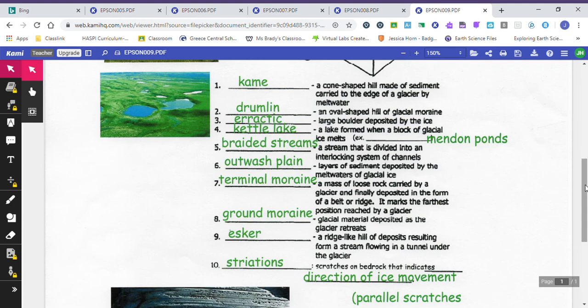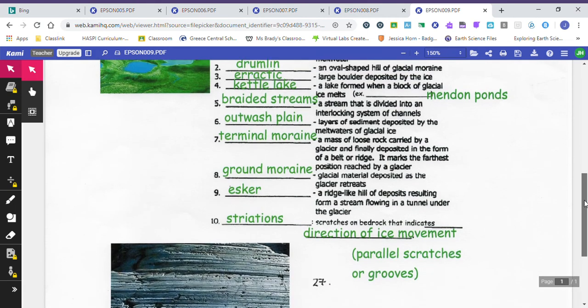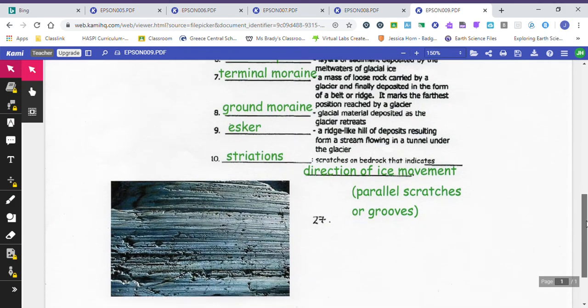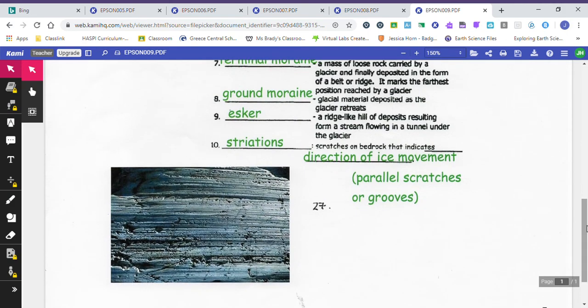And then probably the most important thing we need to know about glaciers is, how do we know a glacier was in an area? These give us really good evidence. So if there are striations on the rock, which just means scratches, those scratches are evidence that a glacier was there.